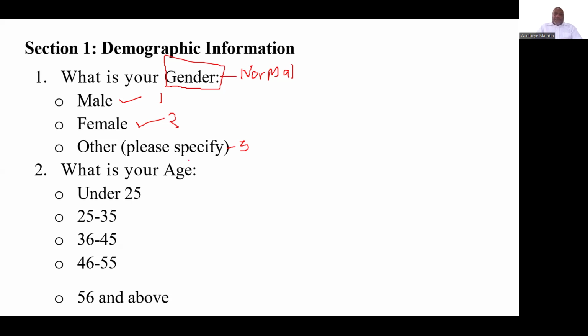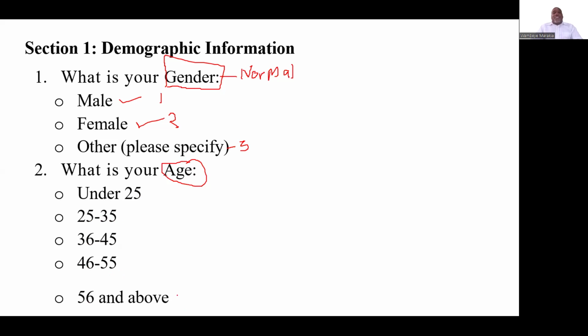Then the second variable we are considering in our study is age. Here, we can see the age is being categorized. We have those who are under 25, those who are 25 to 35, those who are 36 to 45, those who are 46 to 55, and those who are 56 and above.